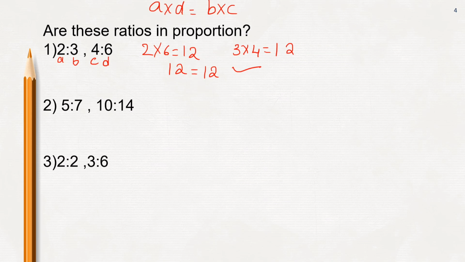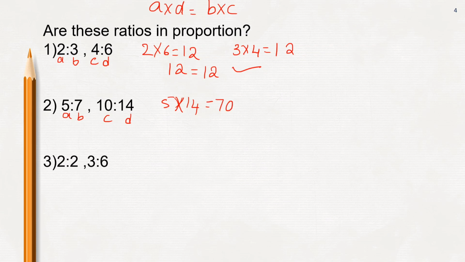Look at the next one, that is 5 is to 7 and 10 is to 14. Here we cross multiply A, B, C, D. Multiply A into D first, that is 5 into 14. What is 5 into 14? Yes, 70.